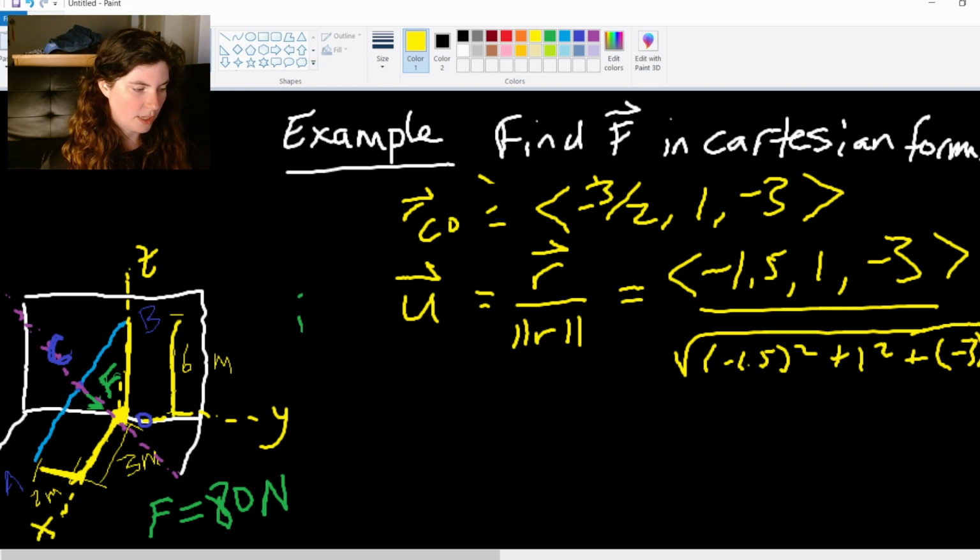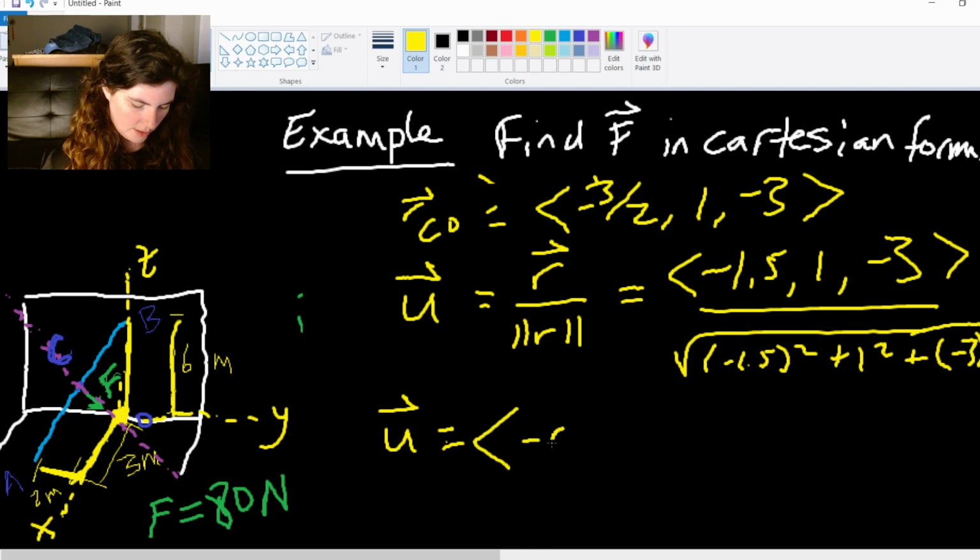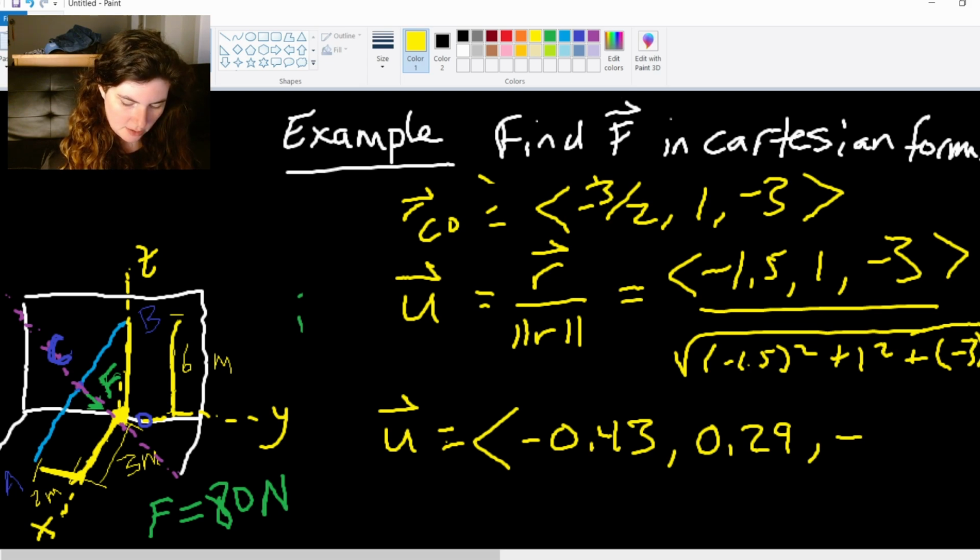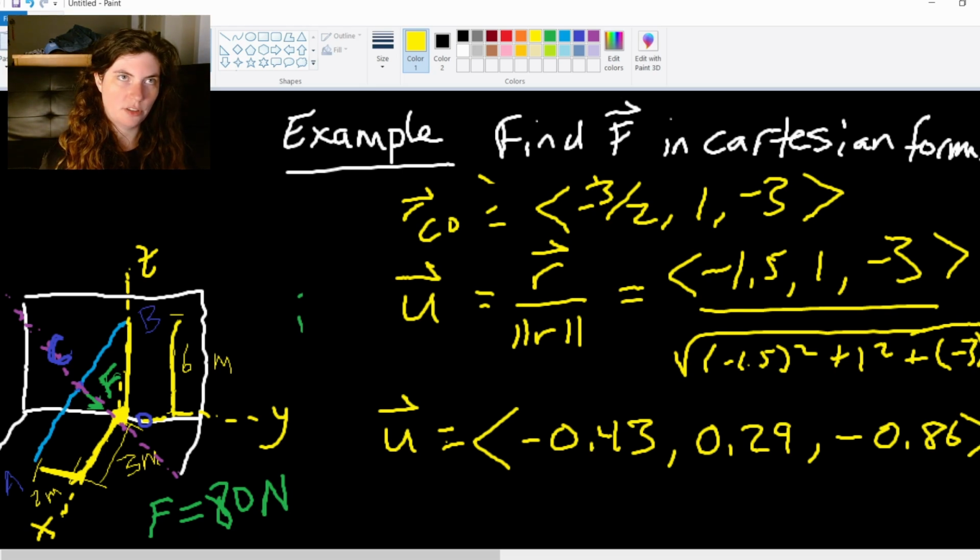When I punch that into a calculator, each term divides into the top, right? My unit vector is going to be -0.43, a +0.29, and a -0.86. This is the unit vector that I'm working with. This gives me, for a magnitude of 1, defining the direction of this vector F.